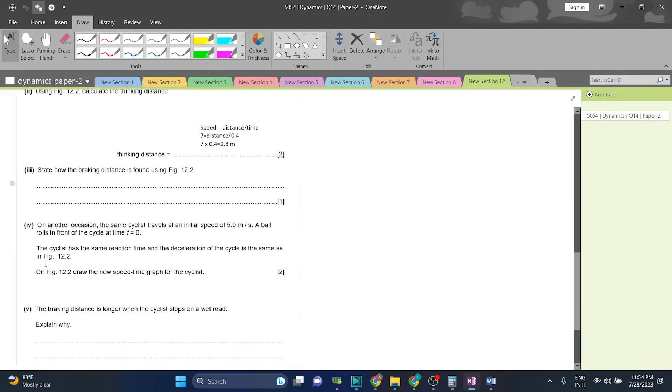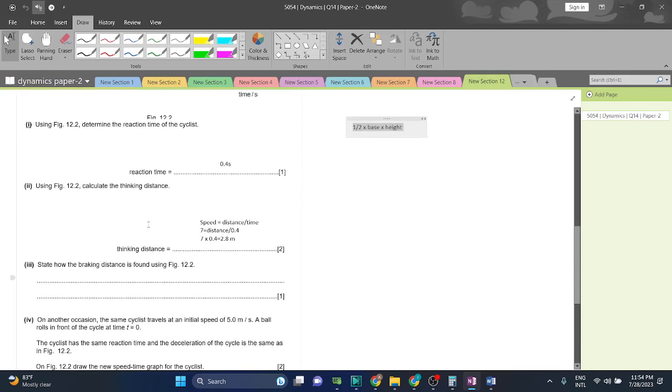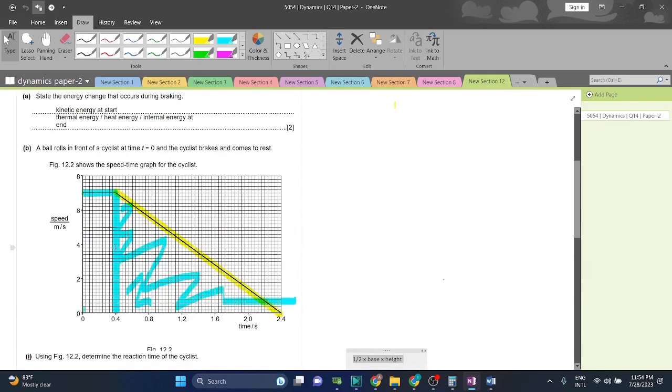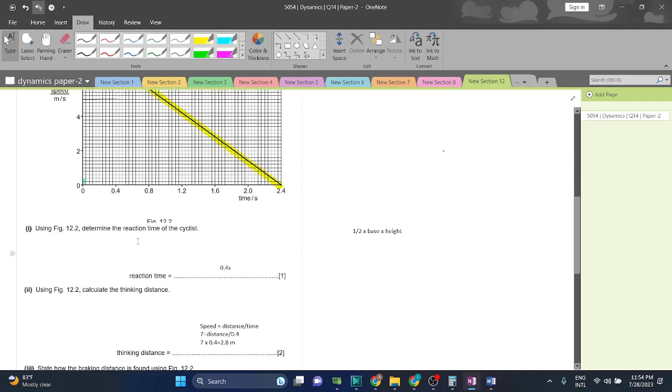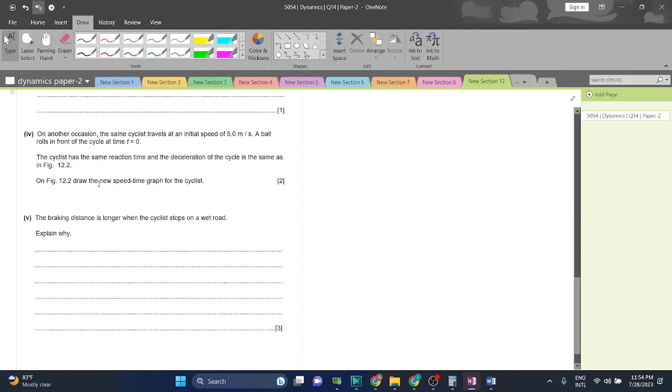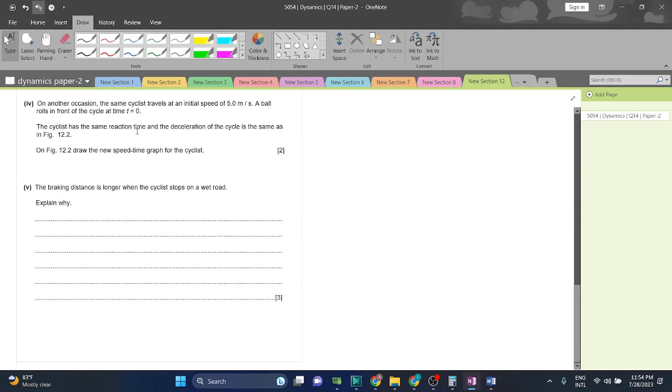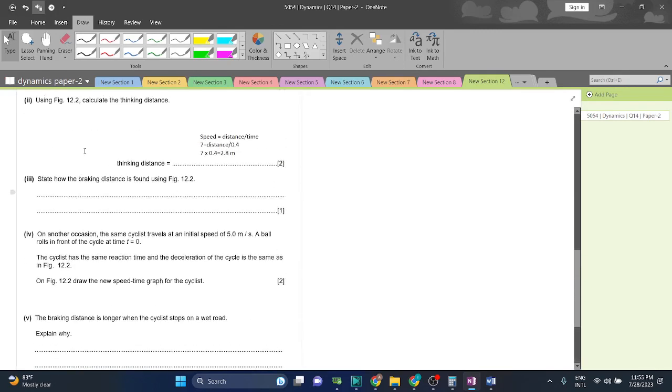Now let's do 4. On another occasion, the same cyclist travels at an initial speed of 5 meters per second. A ball rolls in front of the cycle at time t equals 0. They're giving us a similar scenario, which is that the ball is coming in front of a cycle at 0 seconds. The cyclist has the same reaction time and deceleration is the same as figure 12.2. Everything is the same but the initial speed.